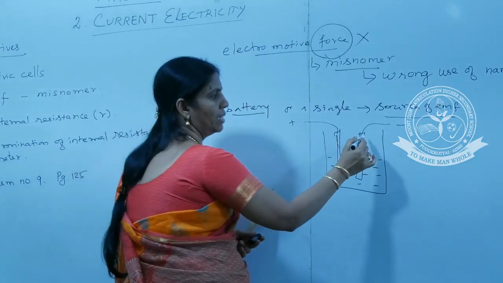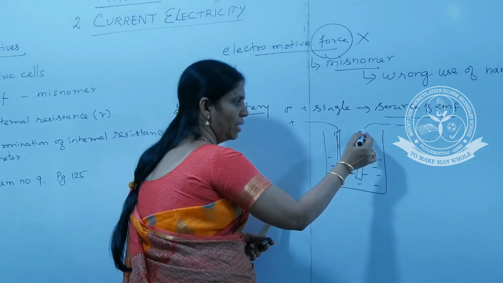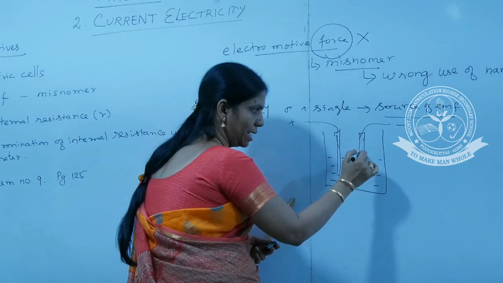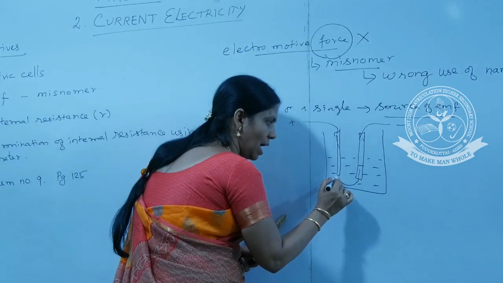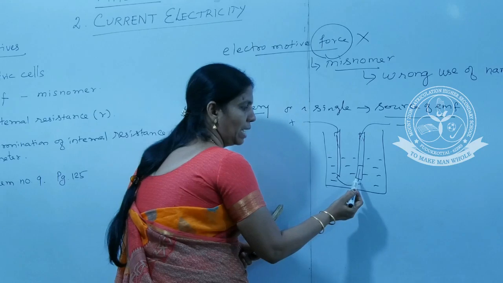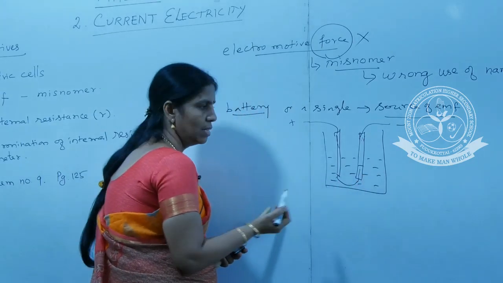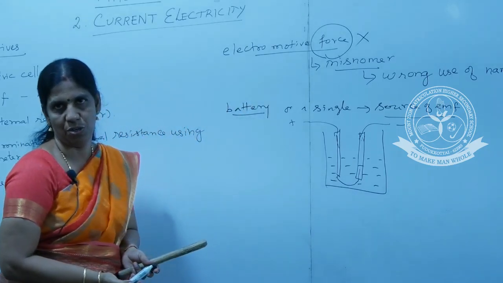You know very well that electrons start moving from the negative of the battery or the cell. It moves through the electrolyte and reaches the positive electrode. But when it comes inside the electrolyte, this electrolyte may give certain resistance to the flow of electrons.